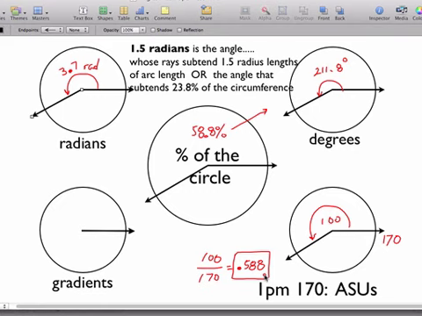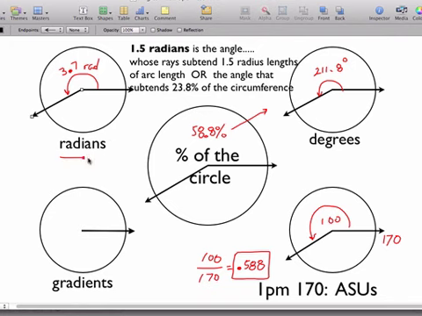Okay, any other questions? I see how you got to 211.8 degrees, but what was the formula to get to the 3.7 radians? Okay, so it's all about percent of the circle. So we want the same percent of the circle in radians that all these others are. So we want 58.8% of what? 360?